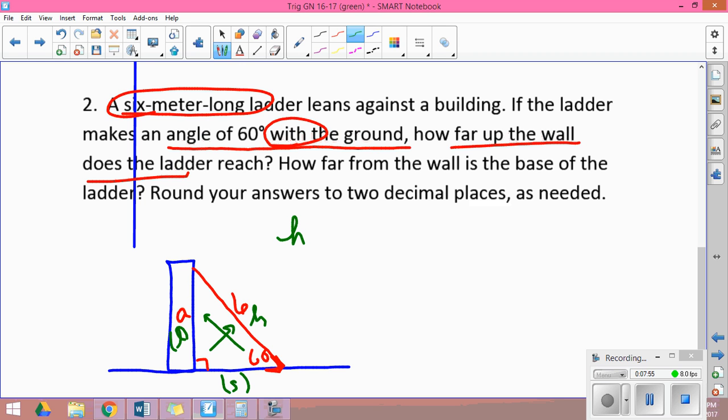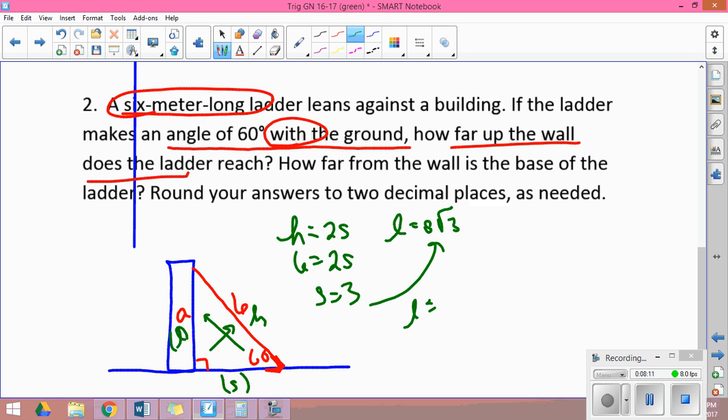So hypotenuse is 2 times the short leg. My short leg is 3. We take that because we know our long leg is the short leg times the square root of 3. So that gets substituted in. Our long leg is 3 square roots of 3, which is approximately, because we don't measure things in square roots, approximately 5.2 meters, even though exact answers are always best.